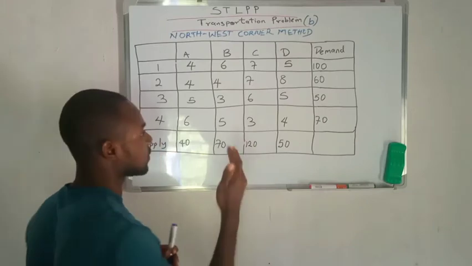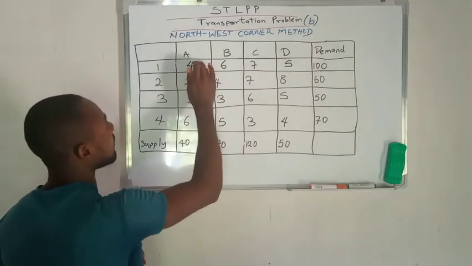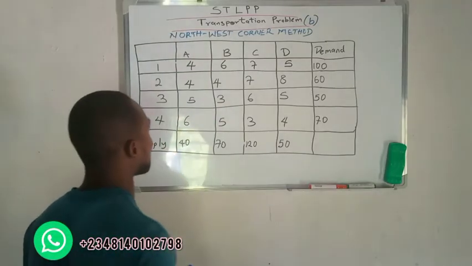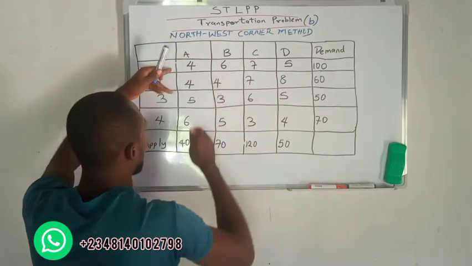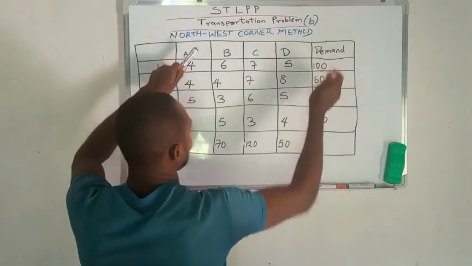In the previous video, we discussed the reason why we start with this first whenever we are talking about the northwest corner method. So in this place, we have unit A, they have 40 goods, and in this store, they need up to 100 goods.